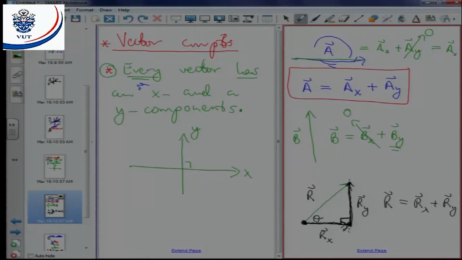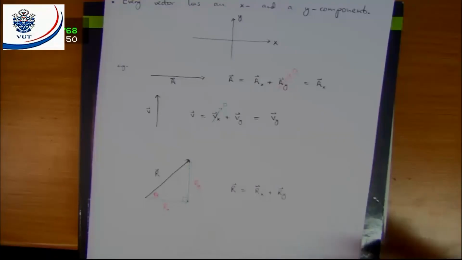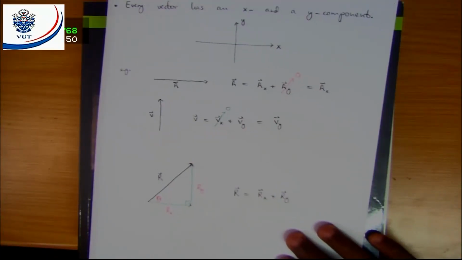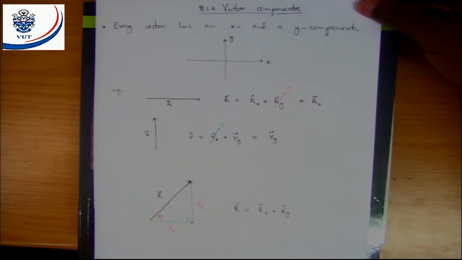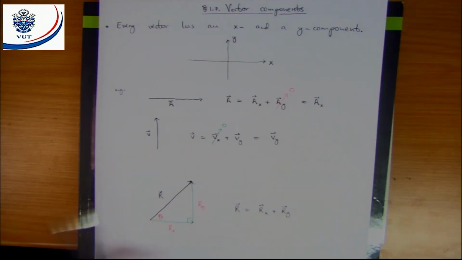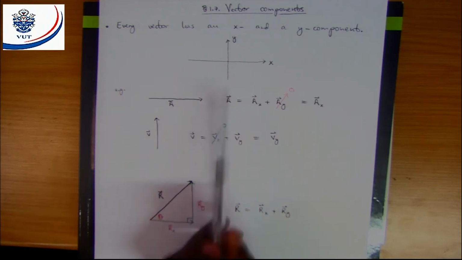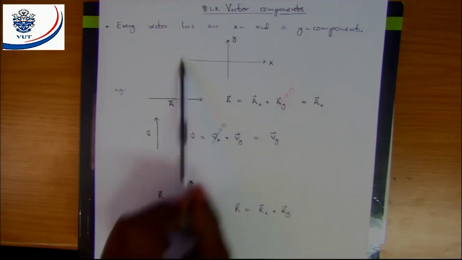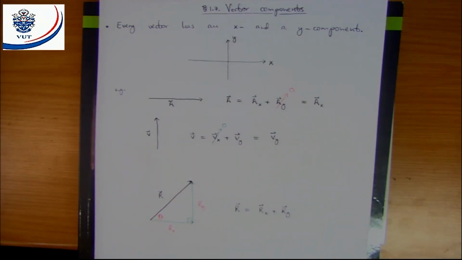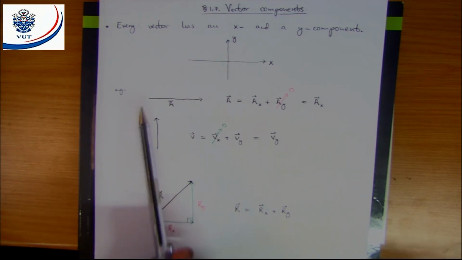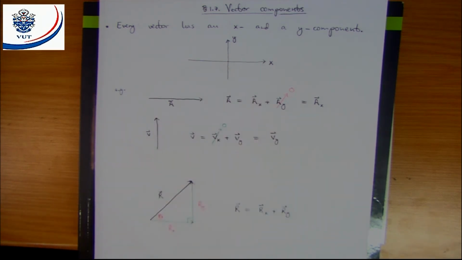So just to summarize what we've just said, every vector has an x and a y component, and we use a Cartesian plane to draw our vectors and find the components. So the horizontal belongs to x and the vertical is what we associate with the y.